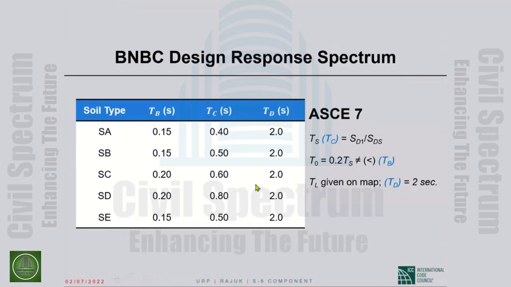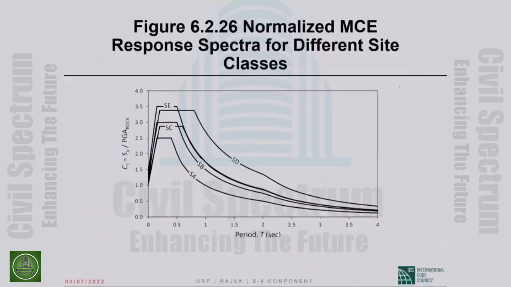T sub D here is 2.0 seconds, as you can see. The T sub 0 and T sub B are not the same. The T sub 0 is typically lower than T sub B, or T sub B is higher than T sub 0. So not a lot of new points made on that table.